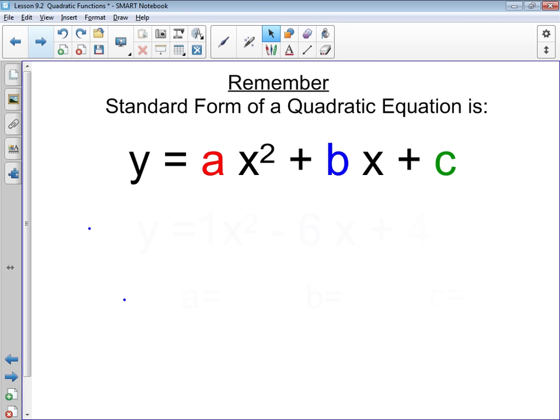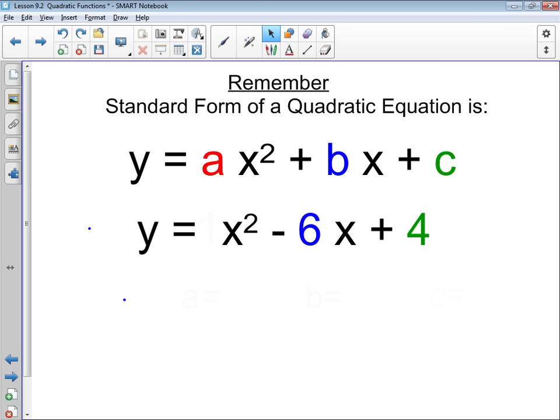Okay, you remember that the standard form of a quadratic equation is y equals ax squared plus bx plus c. And a and b and c are all numbers. So if I give you an example like y equals x squared minus 6x plus 4, you can identify the a, b, and the c.